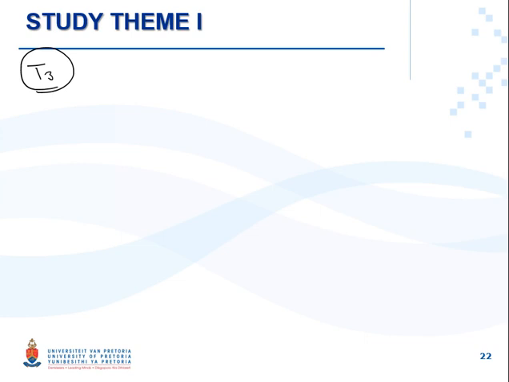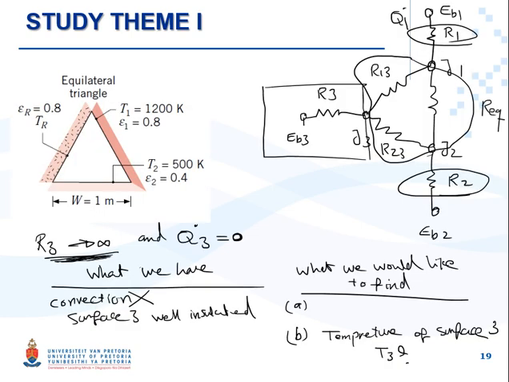But let's go back to the insulated surface here. In order to find the temperature T3, first we need to find J3. When we find J3, we can say that, okay, it's insulated, so J3 is equal to EB3, which is equal to sigma T3 to the power of 4. So first we need to find G3.